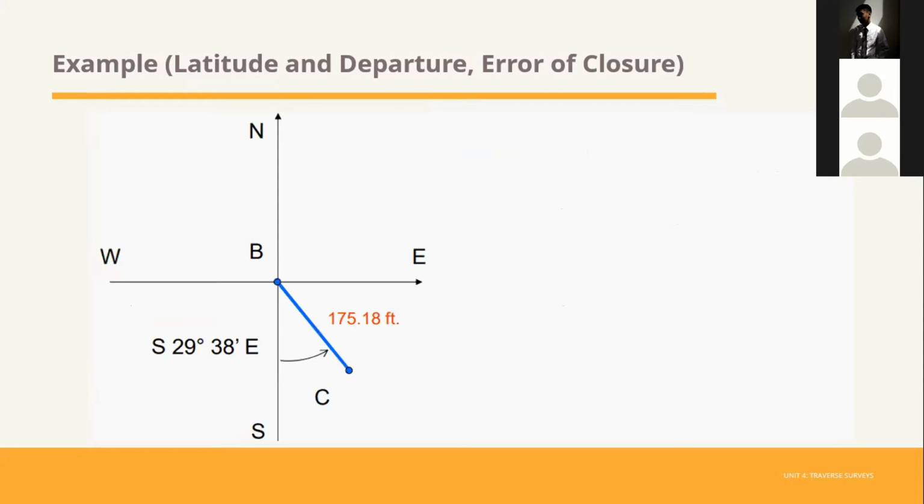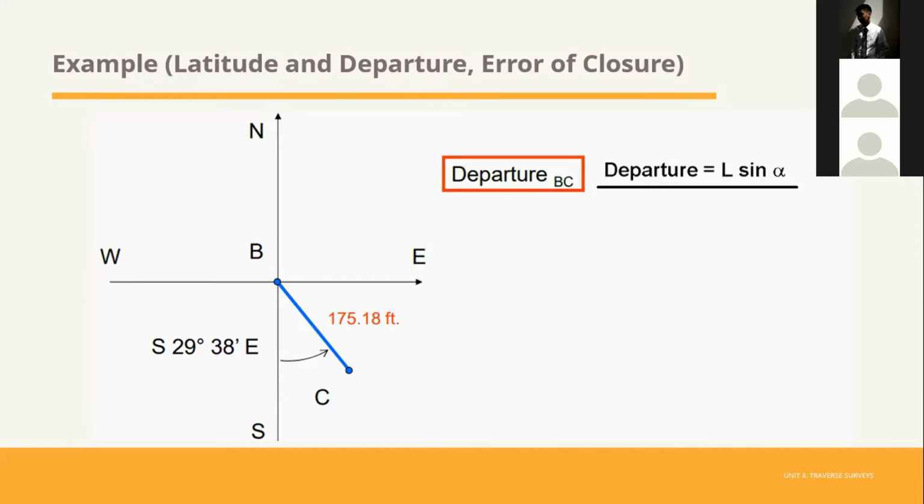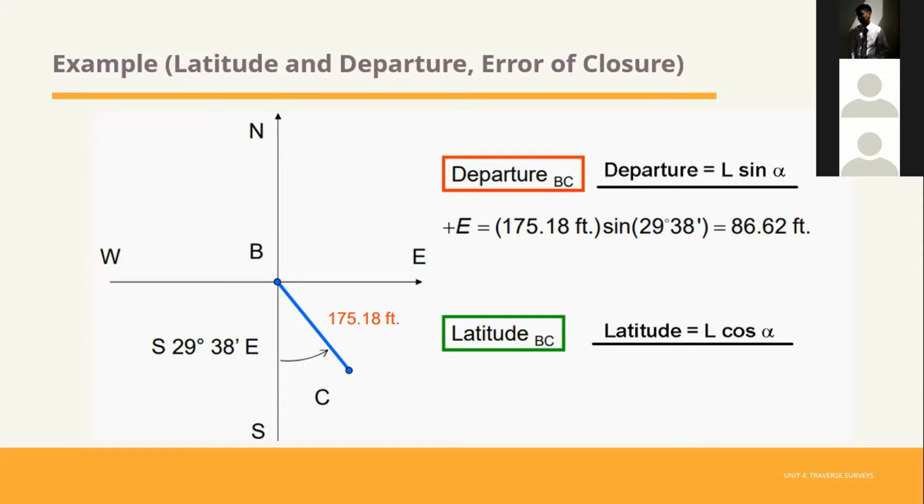For the second line, same process for departure. Substitute the given, and now it is on the east, going to the right. Therefore, it is positive, and our departure for BC will be 86.62 feet. And for latitude BC, since it is going to the south, it is negative, and the value will be negative 152.27 feet.